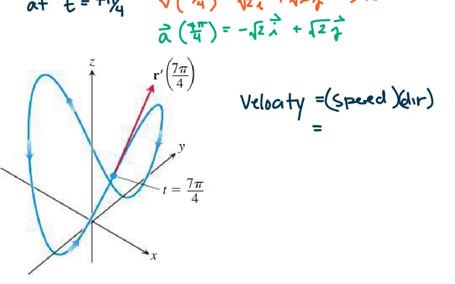And that could be represented as the magnitude times the direction, which would be that velocity vector divided by its magnitude. We said the unit vector is going to represent direction. So that should make sense to you because it's a balanced equation. So velocity of a moving particle can always be expressed as the product of its speed and direction.